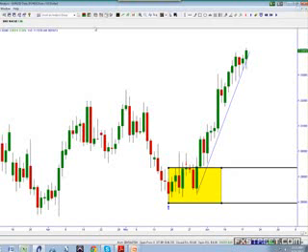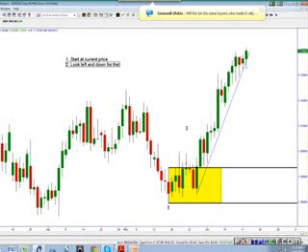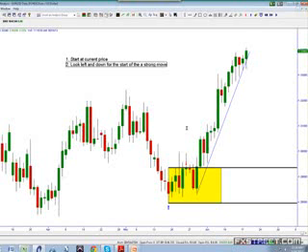So key things I'm focusing on here. Number one, start at current price. Number two, look left and down for the start of a strong move. So my overall move started way down here.